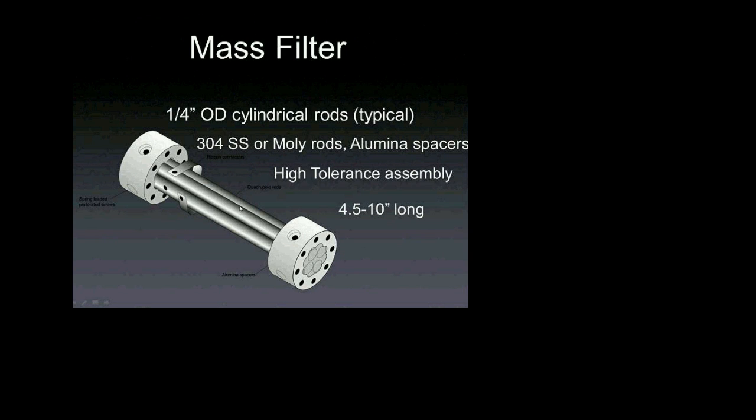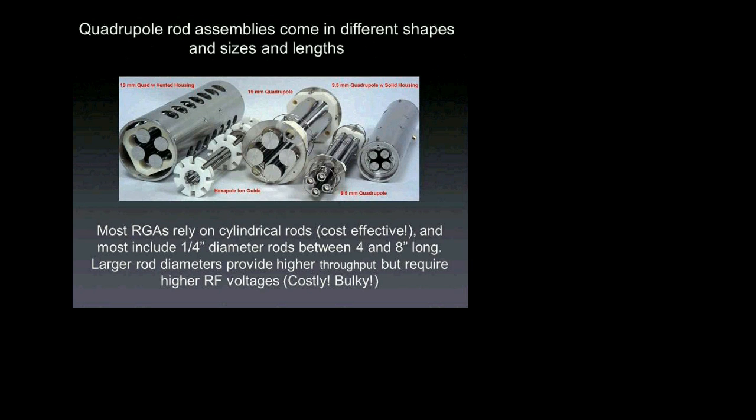The only thing that you have to keep in mind here is that you will have slightly higher hydrogen outgassing from stainless steel than you'll have from moly rods. So for ultra-high vacuum applications, I highly recommend moly rods if the vendor you're considering has the option. The other thing that moly also has is a much better conductivity, so it's much better for the RF delivery through the quadrupole as well.